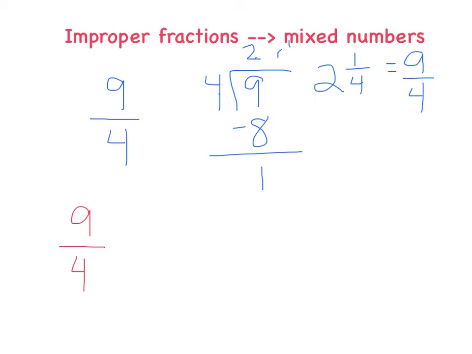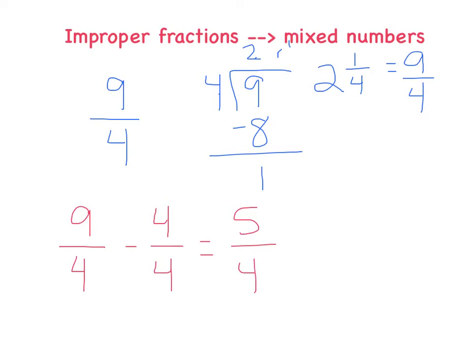I'm trying to take the wholes out of it. A fraction that's equal to a whole is one where the numerator is the same as the denominator. So if my denominator is 4, my numerator has to be 4 as well. So 9 minus 4 is 5, and then my denominator is still 4.